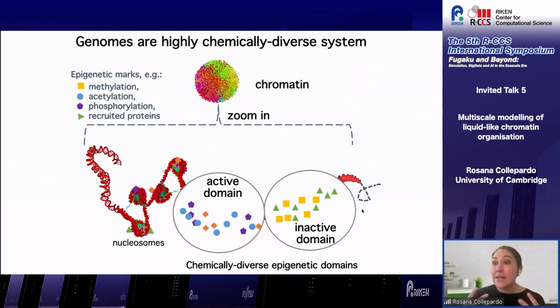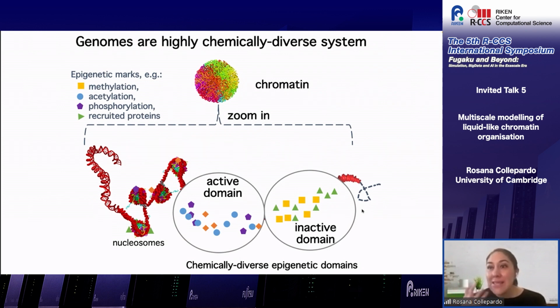This chemical information is not distributed homogeneously across our genome, but forms kind of domains. Some regions are enriched in some chemistry and may give rise to active genes and active domains. A different genomic region might be enriched in different chemical components and give rise to an inactive domain, a region where our genes are off.